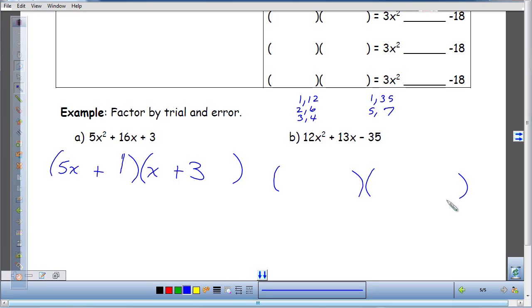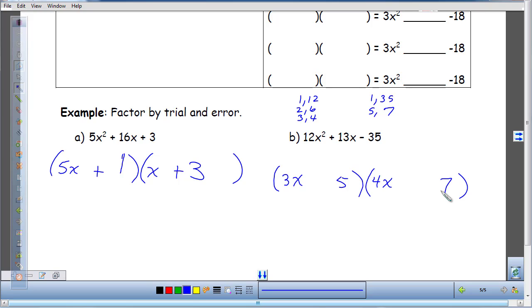We just have to jump in and do it. Let's try. Want to try 3 and 4? Okay, so 3x, 4x, and then we're going to pair that with 5 and 7 right here.